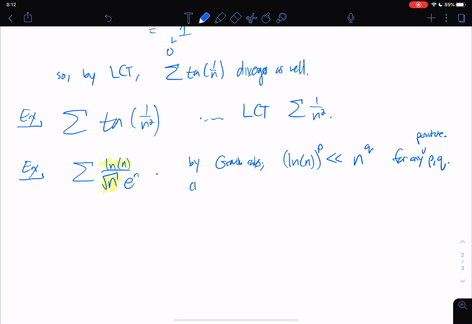So what if I choose my p to be 1, because that's the ln that's there, and I choose my q to be 1/2? Then this will get larger by swapping the ln n for a square root of n. Those will cancel, and we'll be left with e to the n. And that might be a good thing. Let's find out.